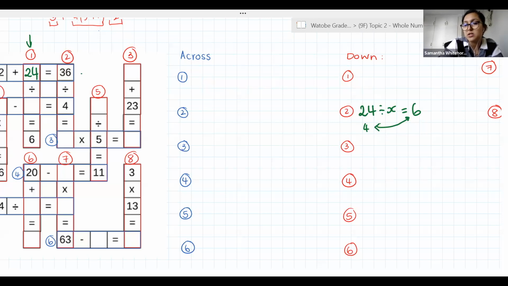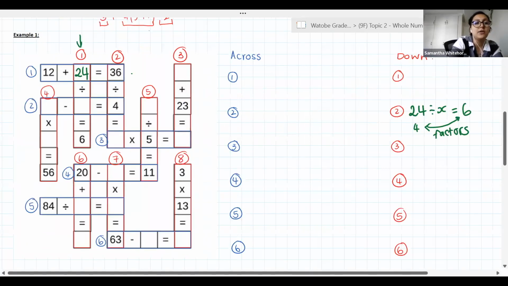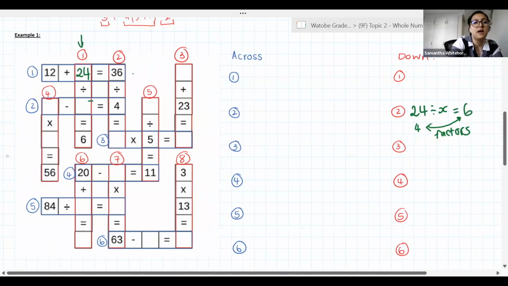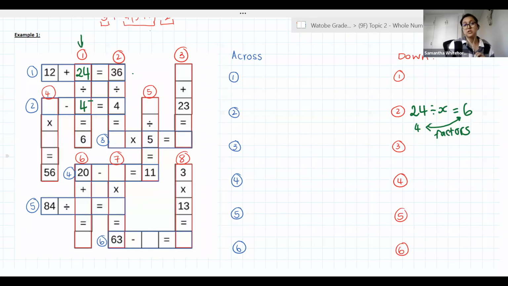It also leads us back to the idea of factors, because we know that 4 and 6, if we times them together, are factors of 24. Right, so our 1 down is 4. Very importantly, guys, it is not 6. The answer has to be 6. So what do I have to divide 24 by in order to get 6?